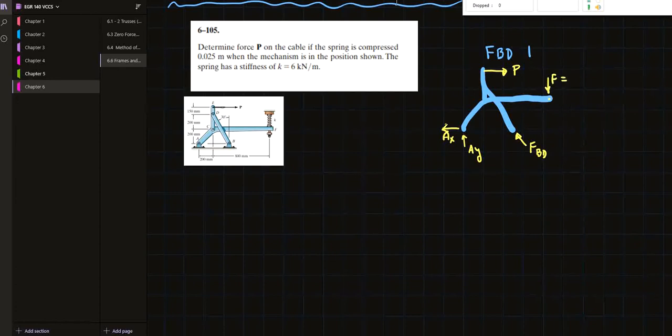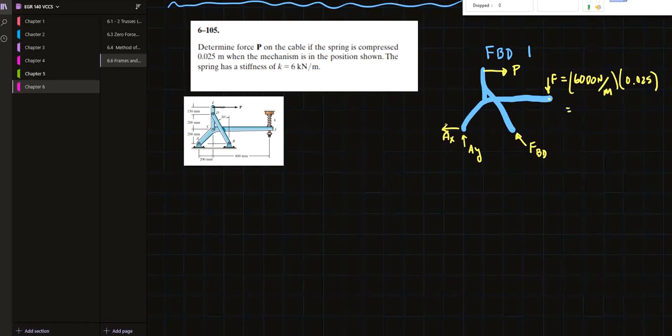And we can calculate what F is, since we know that we've got 6 kilonewtons per meter, or 6,000 newtons per meter, times 0.025 meters.